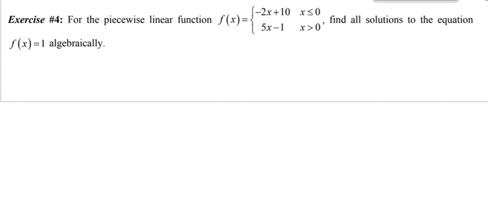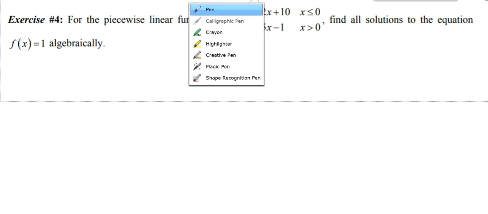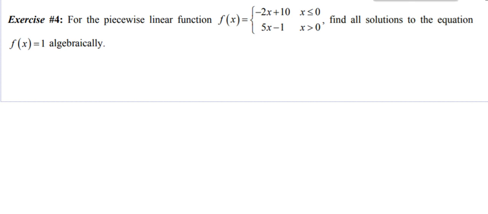Last exercise, exercise 4. For the piecewise linear function, you have this function given here. Notice I'm going to go ahead and highlight what's important. So it tells us that our x is less than or equal to 0 for the first one, and x is greater than 0 for the second one. It says find all solutions to the equation f of x equals 1 algebraically.